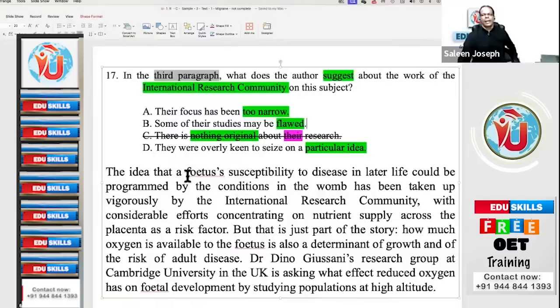Okay. Whatever it is, the idea that a fetus susceptible to disease in later life could be programmed by the conditions in the womb has been taken up vigorously by the international research community. This is a subject taken by them for study, with considerable efforts concentrating on nutrient supply across the placenta as a risk factor.